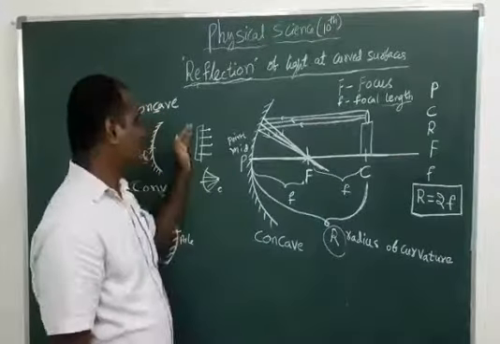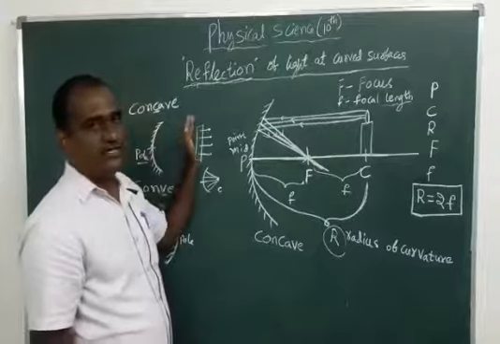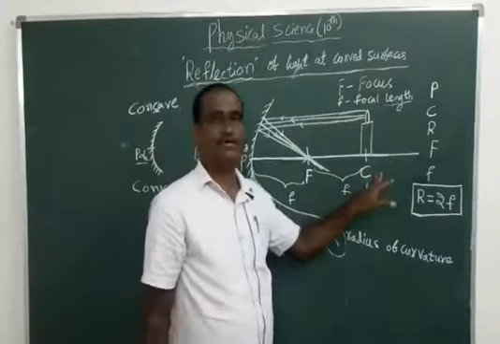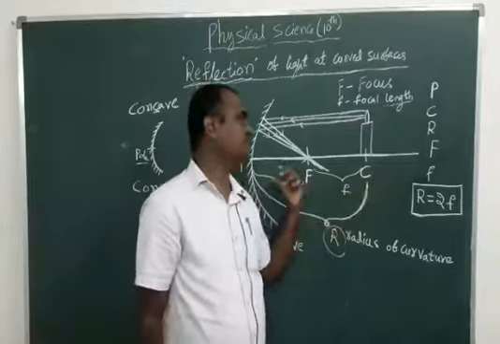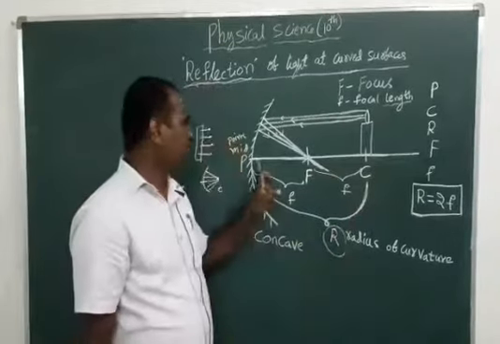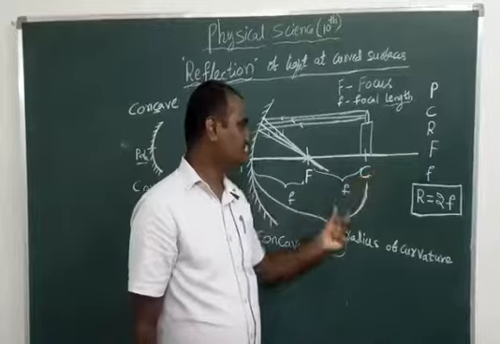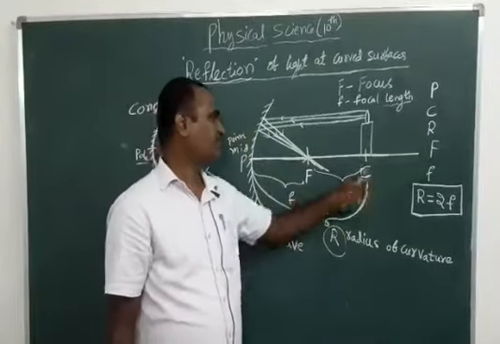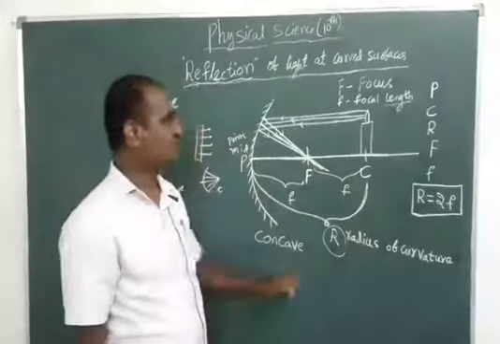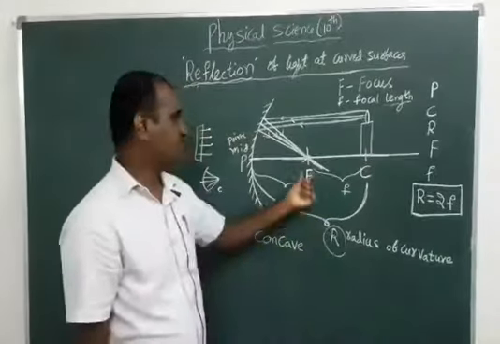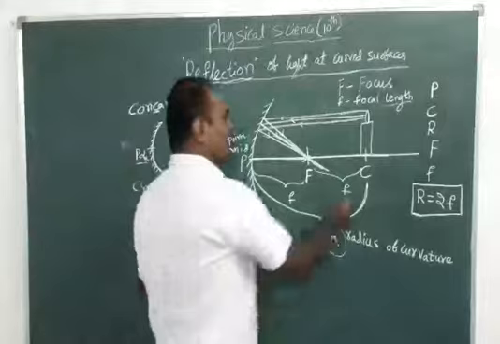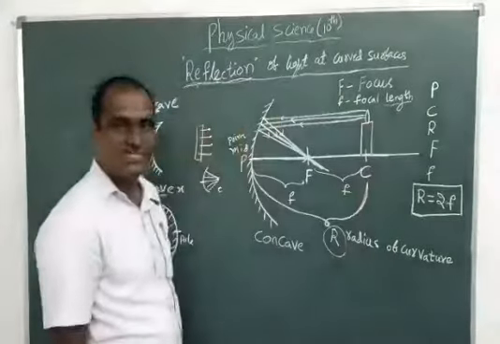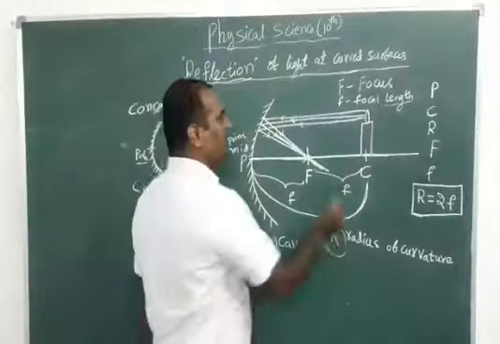Next, in the previous activity, we joined all pins on the duster. They coincide at a point that gives the center of curvature. Yes, these two points we found. The distance between pole to center of curvature gives the radius of curvature. Next, to find the focus, we should put a candle at any point.